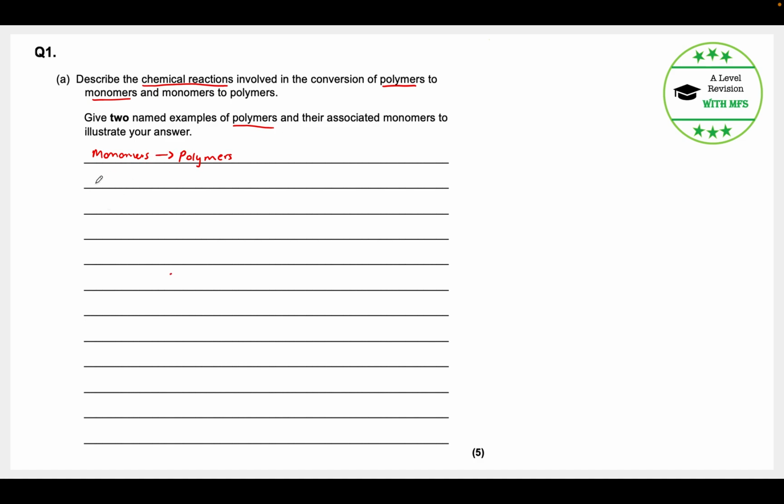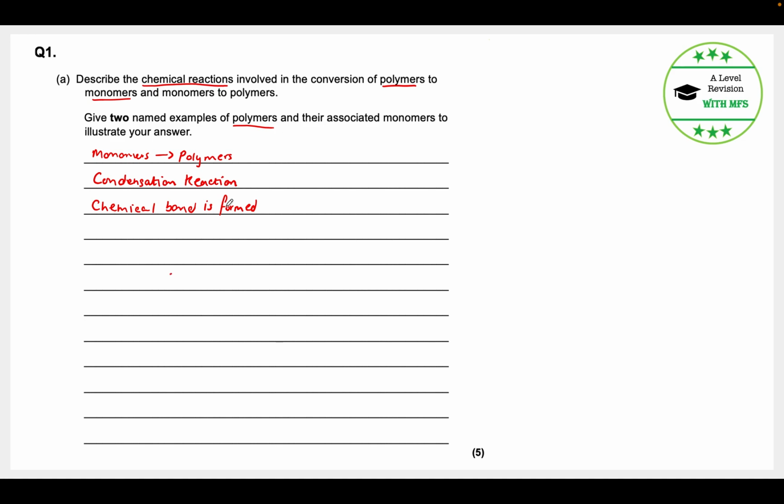Okay, so what is actually happening is a condensation reaction, and when a condensation reaction occurs, a chemical bond is formed between the monomers.